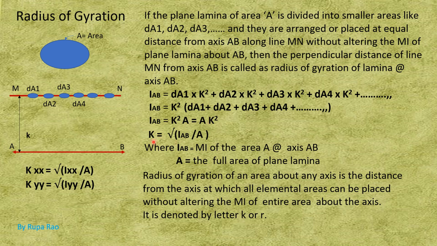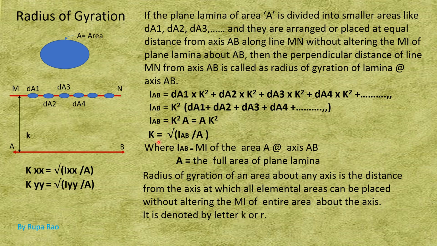Now if I want k, it will be under root, IAB divided by A. The A when it comes here becomes divided by A, so IAB upon A will give me k square.